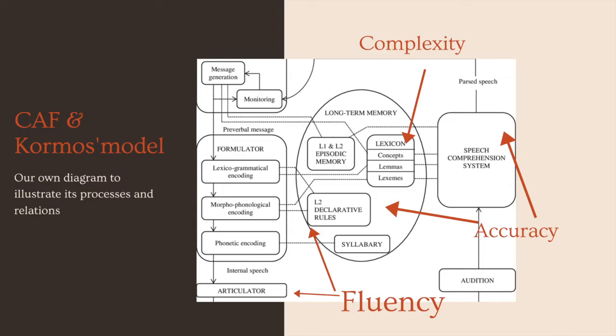In terms of strengths and weaknesses, as cited by Kormos, her model is able to account for the use of communication strategies, code switching, and transfer, and can accommodate formulaic language use as well as the development of encoding procedures. However, the model is quite sketchy in a number of respects, especially in the field of syntactic and phonological encoding. This aspect in regard to formulaicity is key to understand how CAF proficiency constructs relate to Kormos' modules.